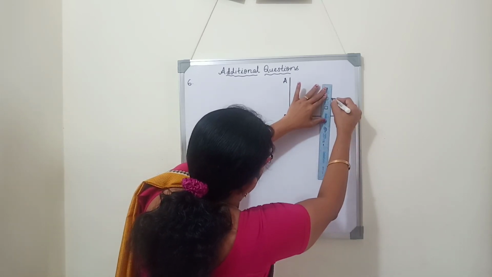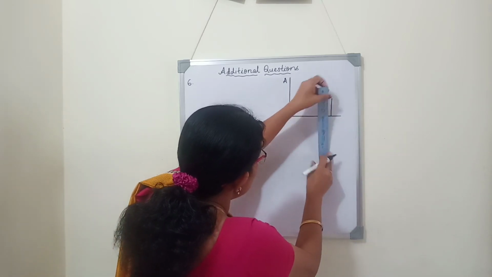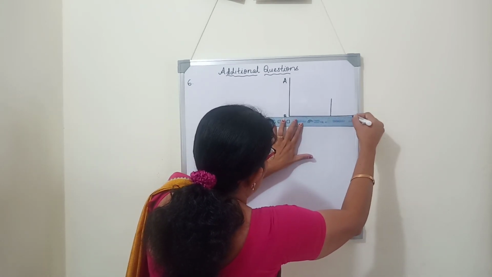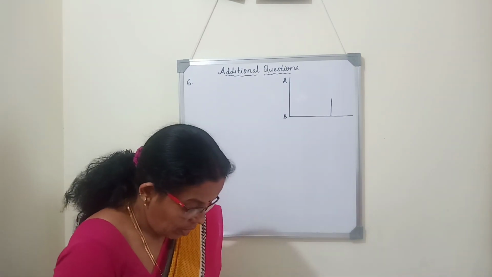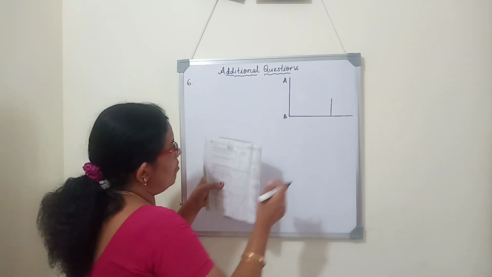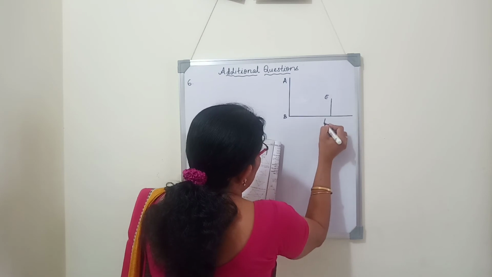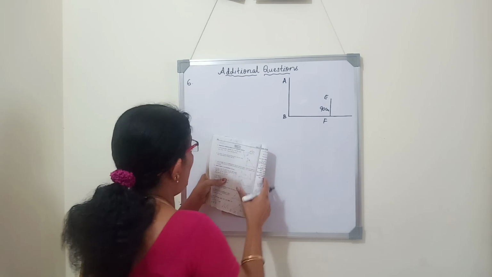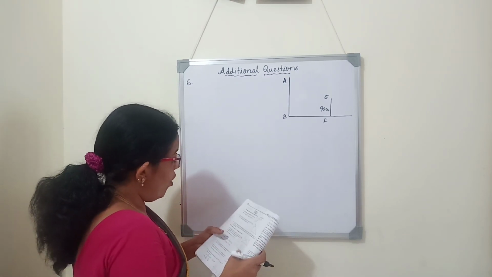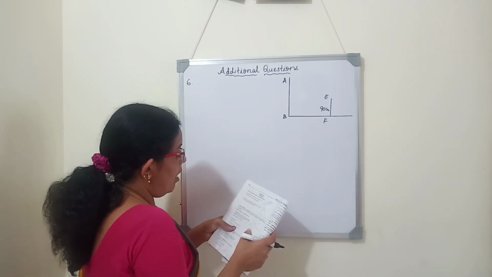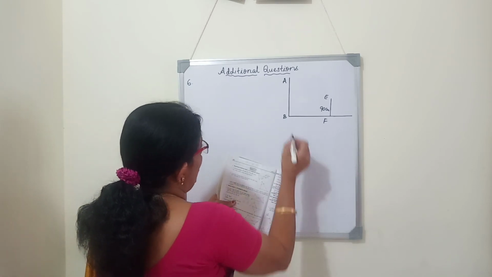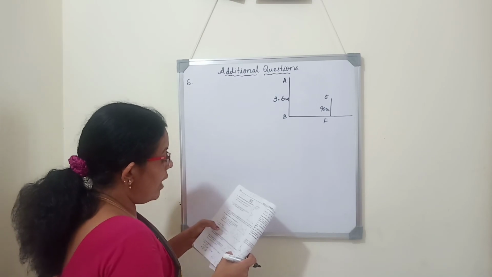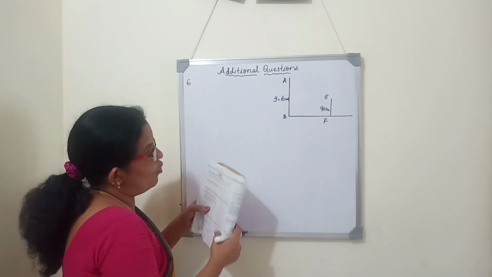Now here we will mark the girl, the girl of height 90 centimeter, walking away from the lamp post at a speed of 1.2 meter per second. The lamp is 3.6 meter above the ground, so the height of the lamp post is 3.6 meter. Find the length of the shadow after 4 seconds.